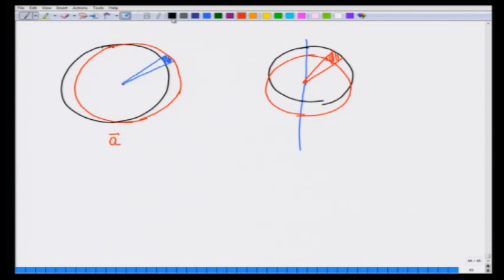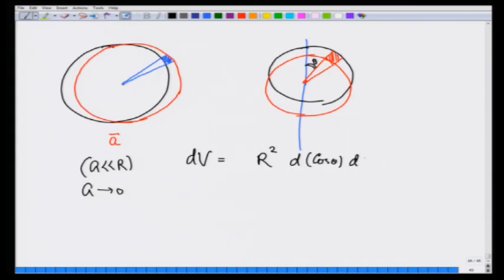Remember, how much is the volume element? This small volume element dV is going to be, again A is very small, A is much less than the radius of the spheres, A in fact will tend to 0. So, I can write this as r square d cosine of theta, because this angle is theta, d phi times dr, where dr is this distance along the radial direction.